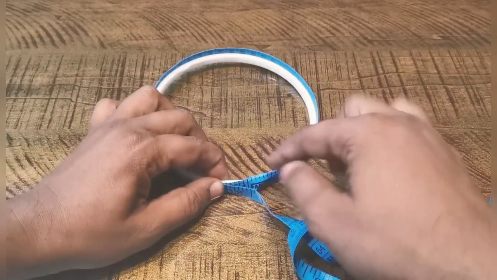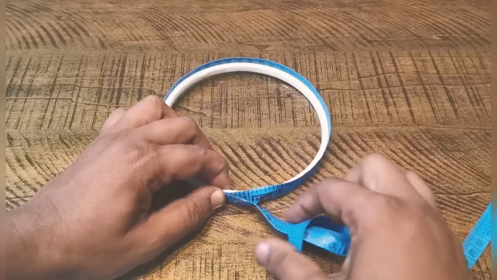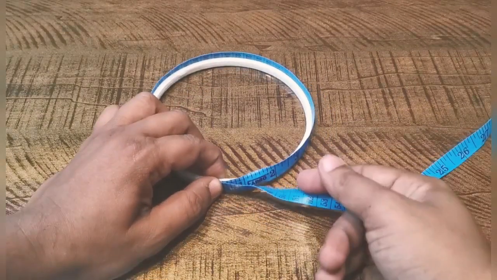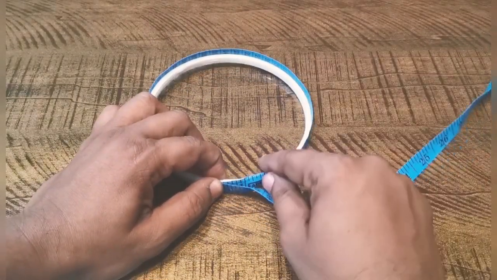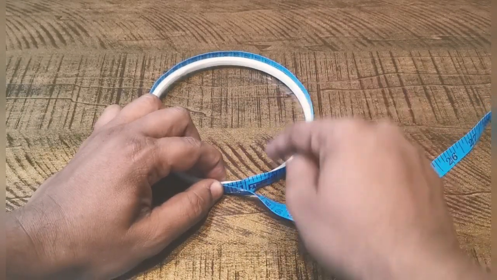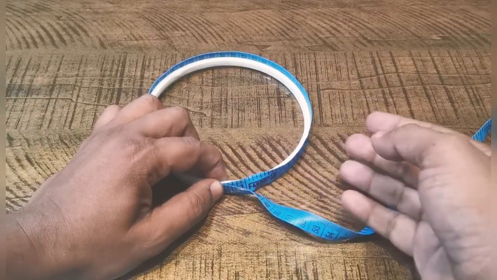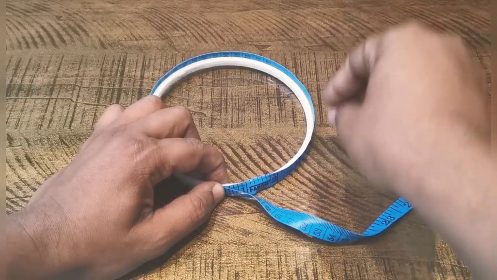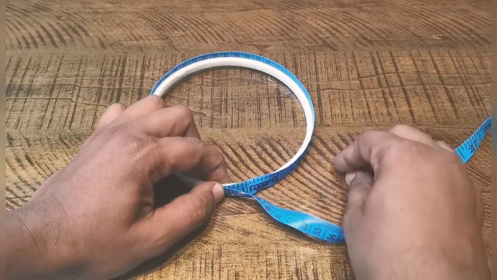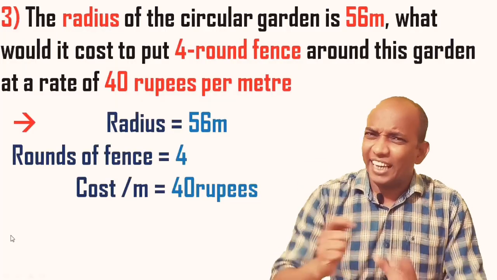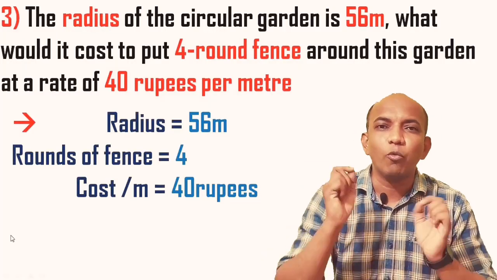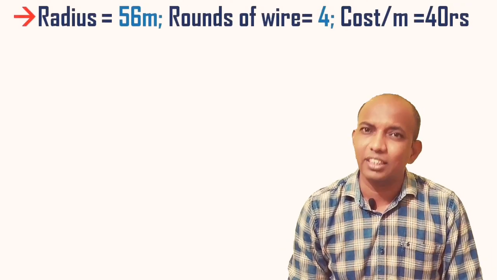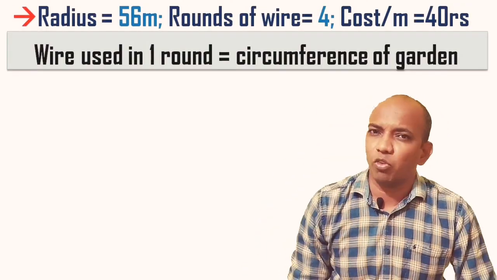So one round of the fencing wire is nothing but the value of the circumference. So if you find the circumference of this garden, that is the ring, and multiply it by 4, then you are able to find the total length of wire, and that is what we are going to do in our answer. With the help of the activity, we can clearly state that the wire used in one round of the fencing is nothing but the circumference of that garden.